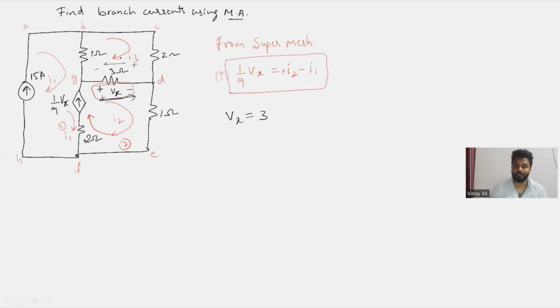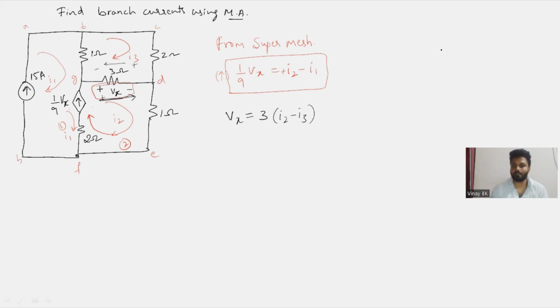So I2, which is flowing through the 3 ohm resistor from plus to minus, so you can write 3 into I2 minus I3. Vx polarities are plus minus. I2 is flowing through the 3 ohm resistor plus to minus. That is the same as the polarity of Vx, so I am considering I2 minus I3.